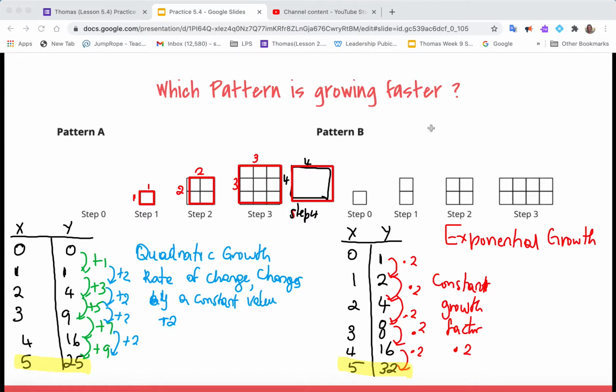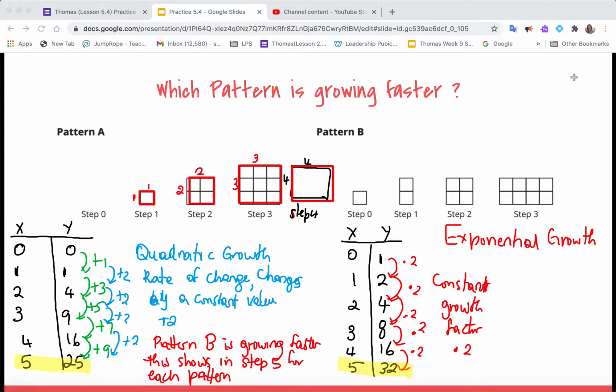So we can say that pattern B is growing faster. It shows in step 5 for each pattern. There we go.